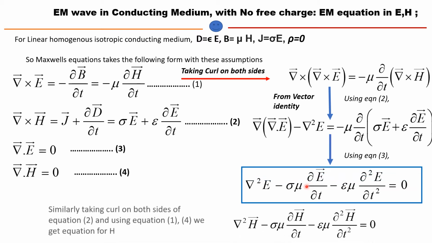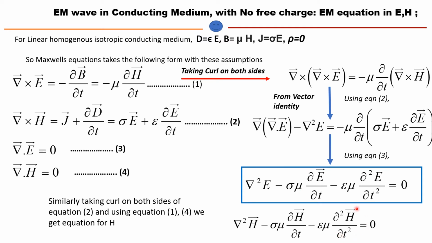Similarly, we can reach the equation for the magnetic field. It will be a home task for all the students to reach that equation, grad square of B, the electromagnetic equation in conducting medium for the magnetic field, as I have shown the steps.